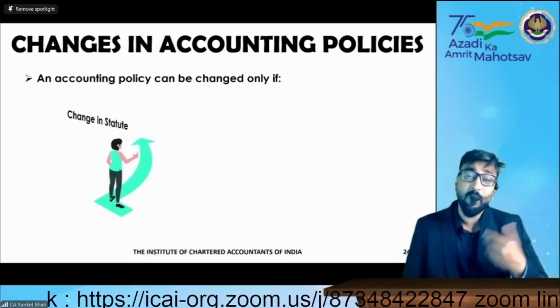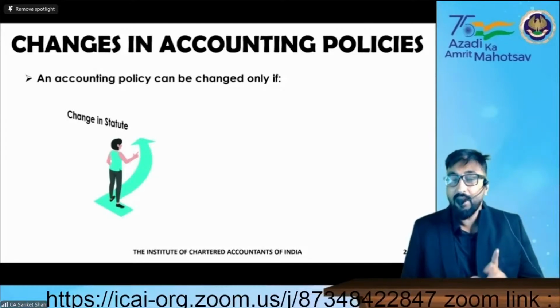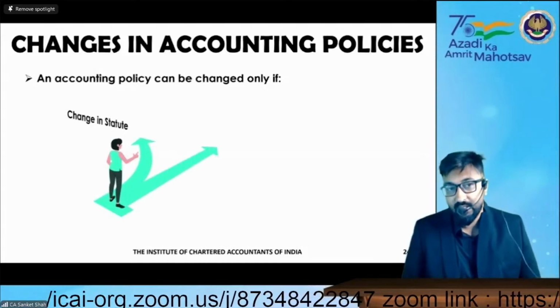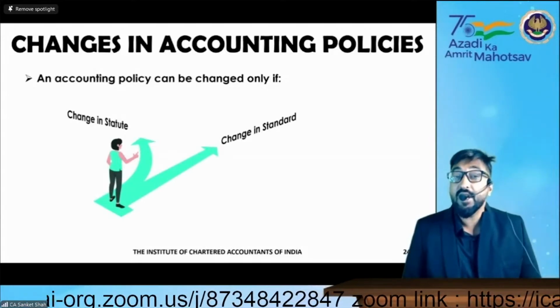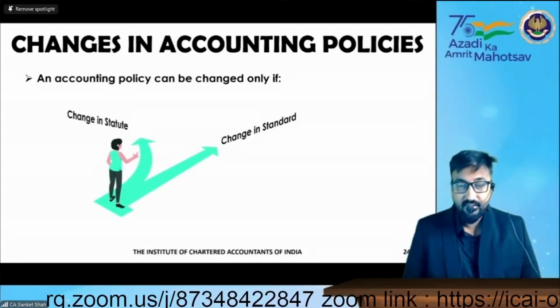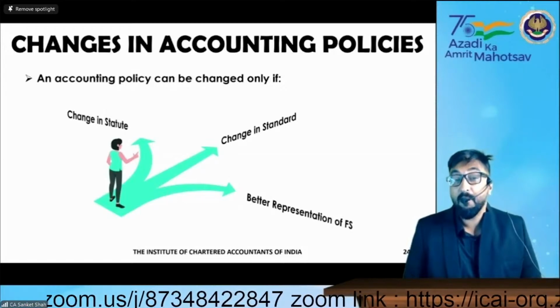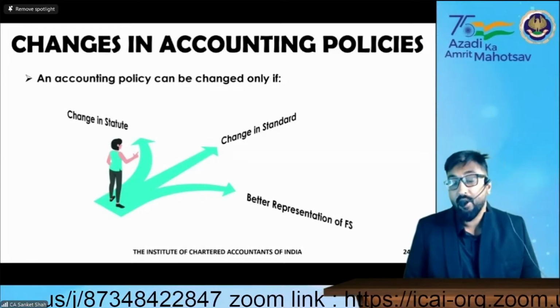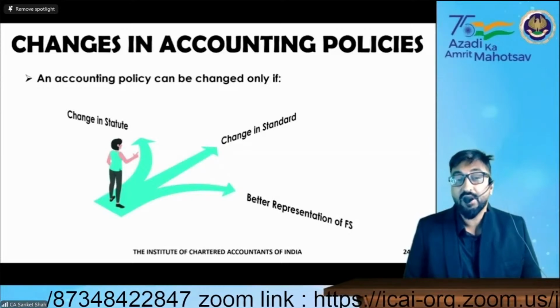For example, they removed FIFO. Then you should not use that FIFO policy in the future, and you can change that policy. Second, there is a change in the accounting standards. And third is for better presentation. For better presentation, you can record it in the books of account and change these policies.